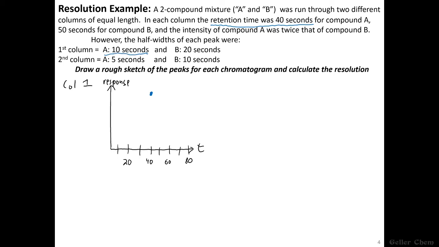And since it's symmetrical, this means it spans 5 to the left and 5 to the right. And the span is going to occur halfway up the height of this peak. So right around here, I'm just going to draw this dotted line to represent a span of 10 seconds total. And then I'm going to do my best to draw the peak and connect it to the bottom of the chromatogram like this.